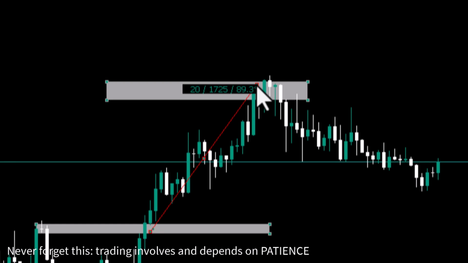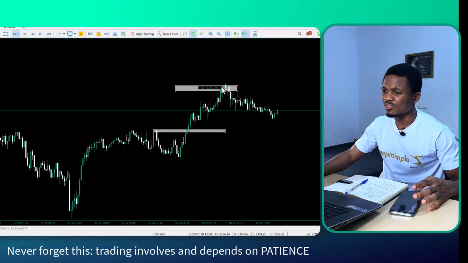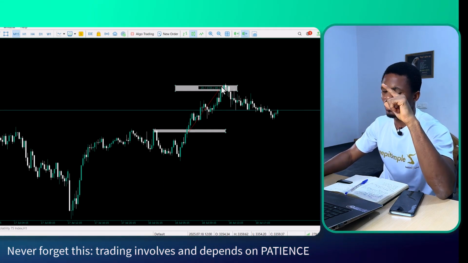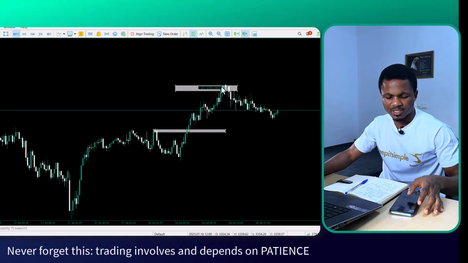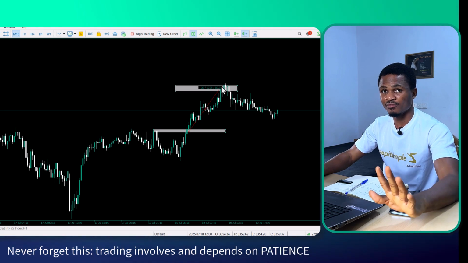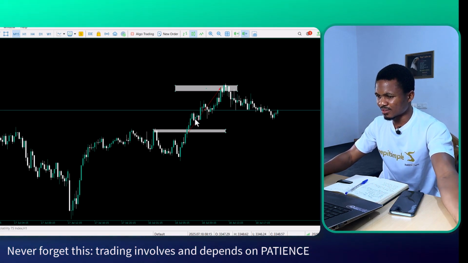So let's do that quick calculation. When you divide 1725 by 10, you are going to get 172.5. So that 172.5 is your pip. That is the pip you are going to get over there, and I believe this is pretty much understandable, right? So that is it.